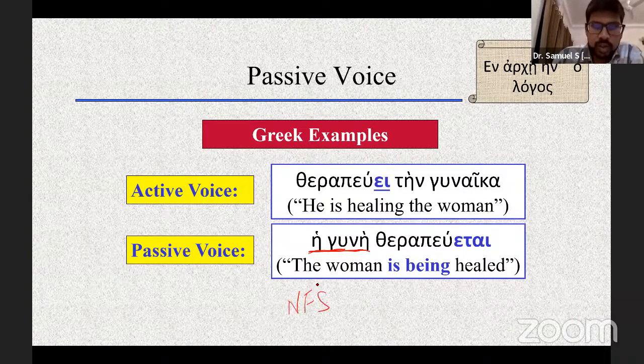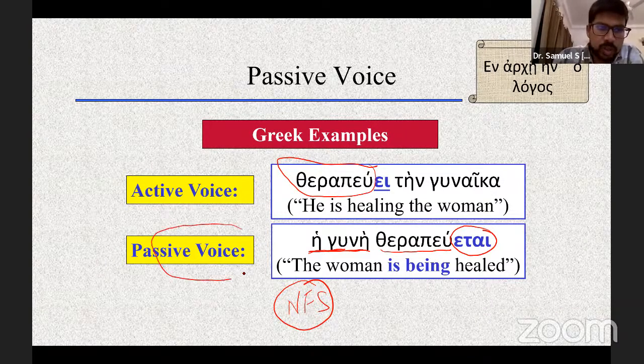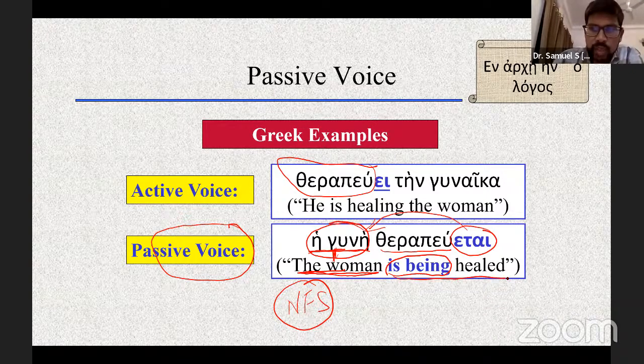The woman, therapeu, same stem, etai. Now the ending is communicating to us that this is in the passive voice, meaning the woman, the subject, is now receiving the action. So see how we render it in English. The woman, hē gunē, is being healed. The woman is not healing, but is being healed.